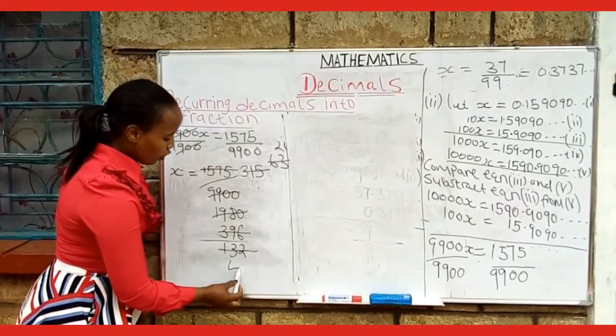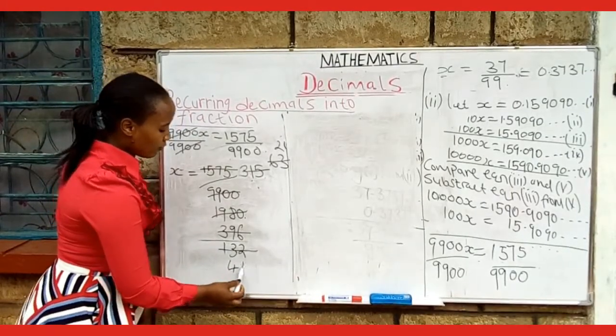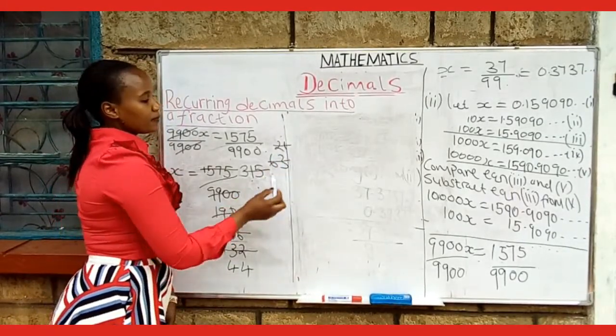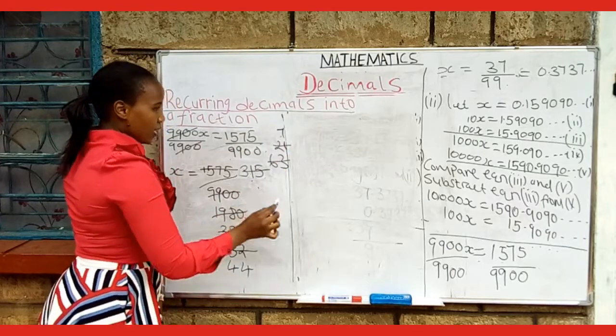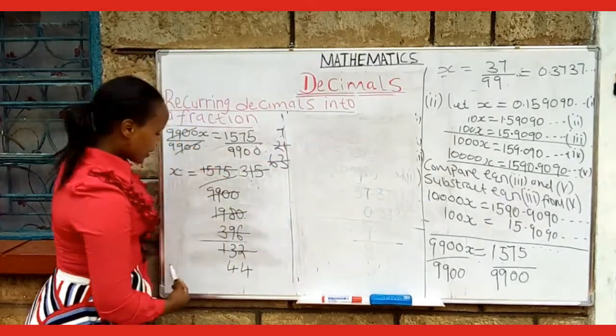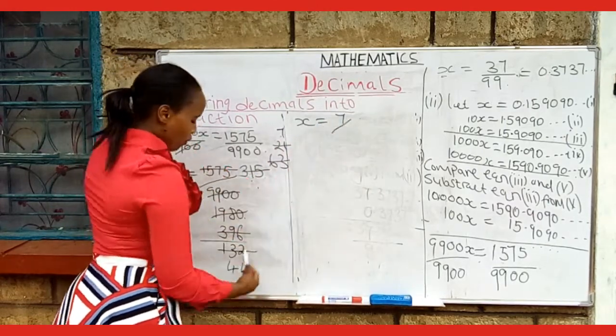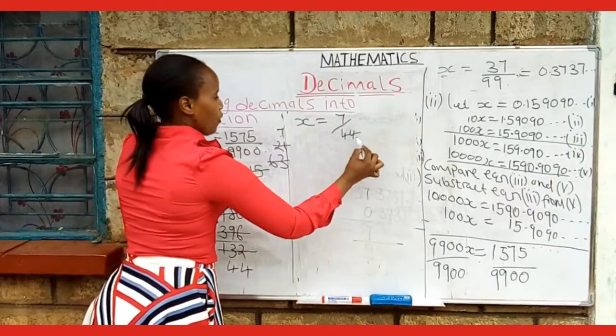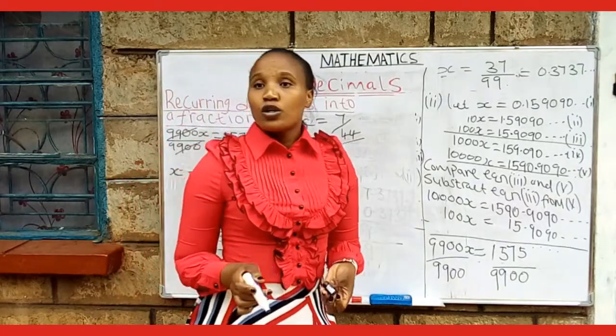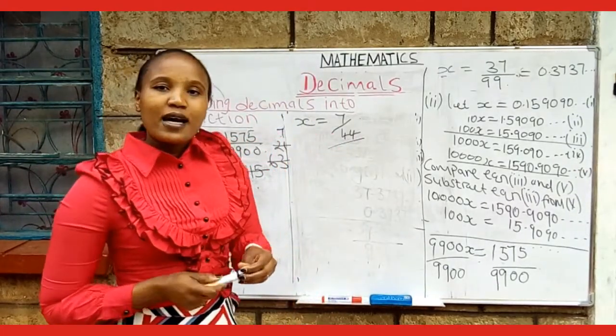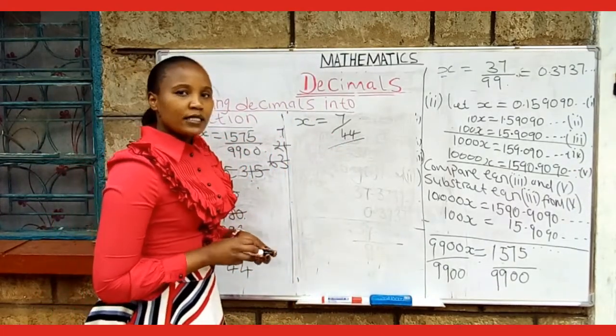By 3, this is 4 because of 12, 4 again. By 3, this is 7, and we find that our x is equivalent to 7 over 44.